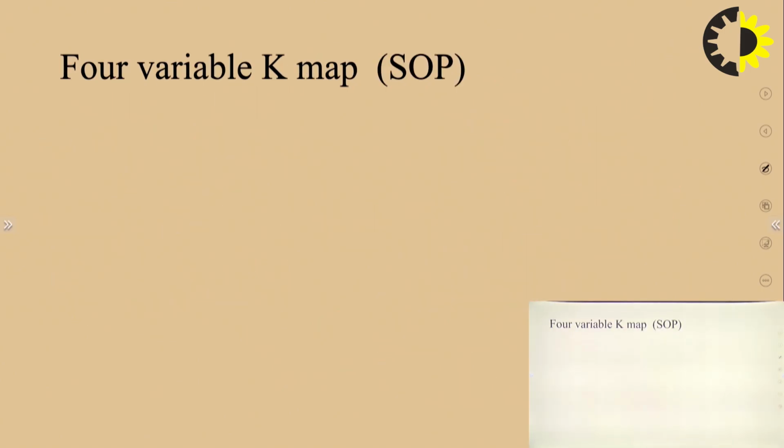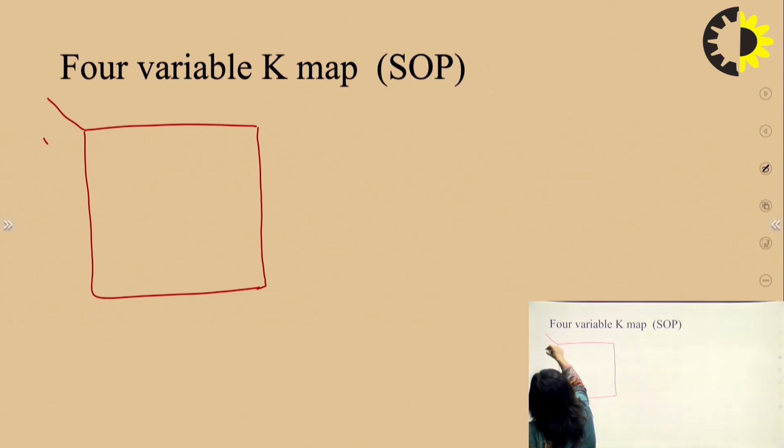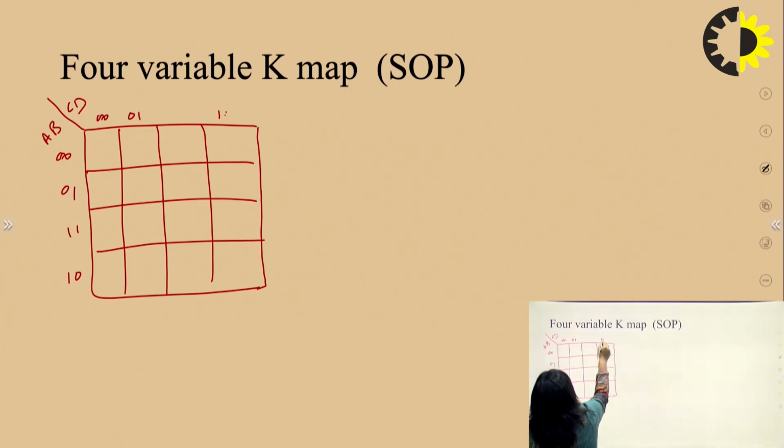Now the 4 variable K-map, and for the SOP. So the 4 variable K-map is represented by this. Like A, B, C, D, 4 variables are there. This is 0 0, 0 1, 1 1, 1 0, and 0 0, 0 1, 1 1, 1 0.